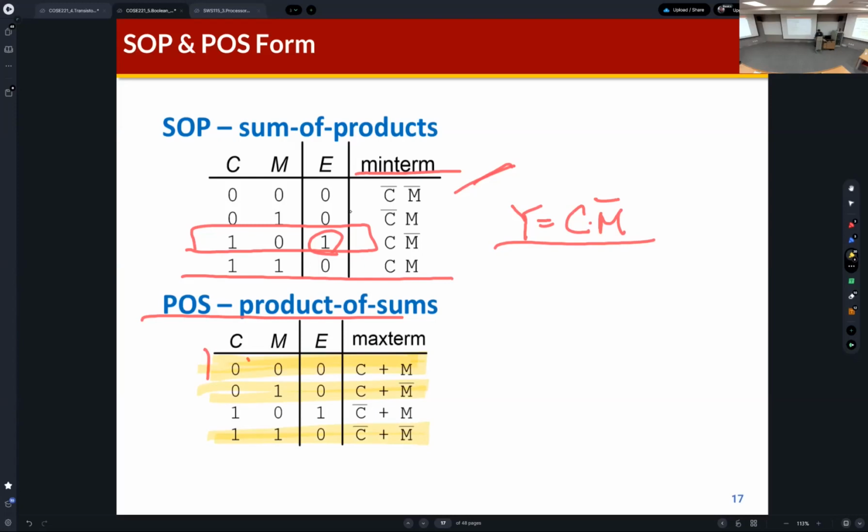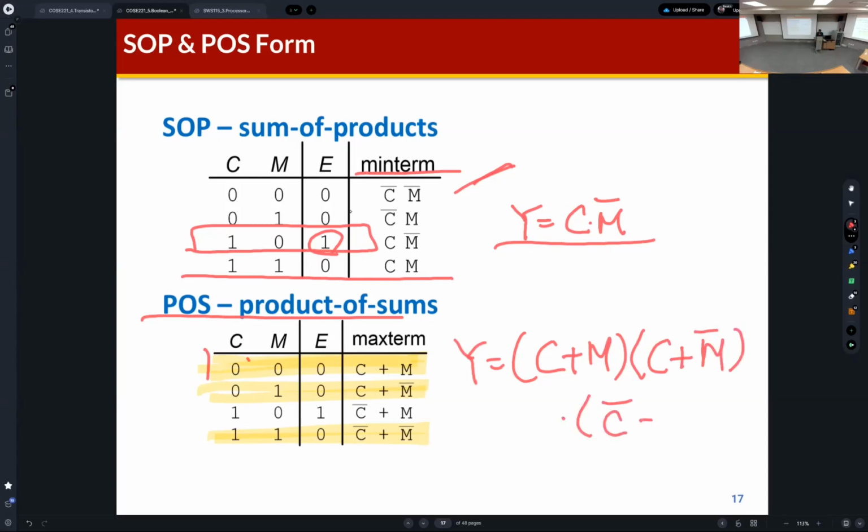By combining these max terms, y equals C plus M, multiplied by C plus M bar, and then multiplied by C bar plus M bar. We can generate the POS form like this from this truth table.